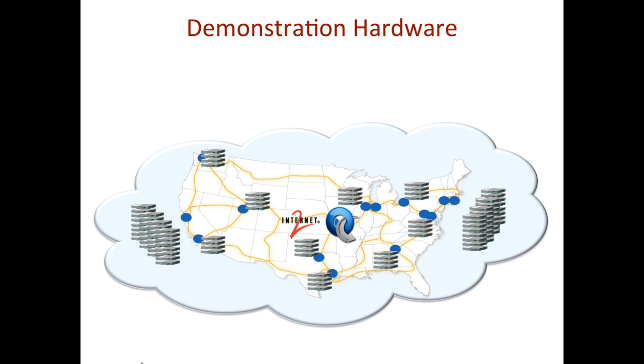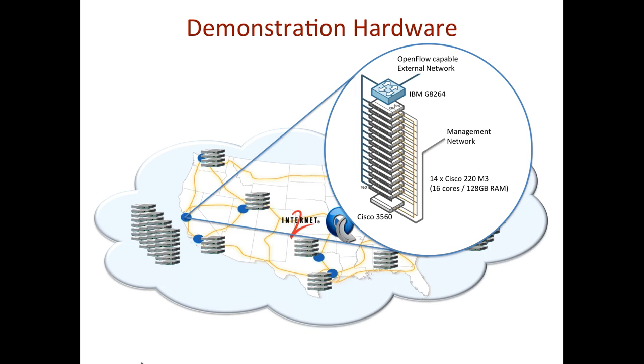And the demonstration hardware, I just wanted to highlight that it is still connected to the larger OpenCloud, which has points of presence at many points, but because we're focusing on a particular point of presence, a central office, we have one particular blow up of that to what we think of right now as our reference implementation. It doesn't have to be exactly this hardware, but this is what we're running on today.